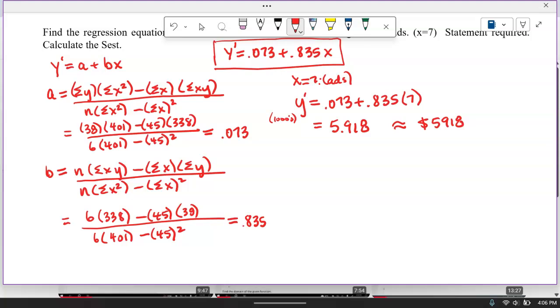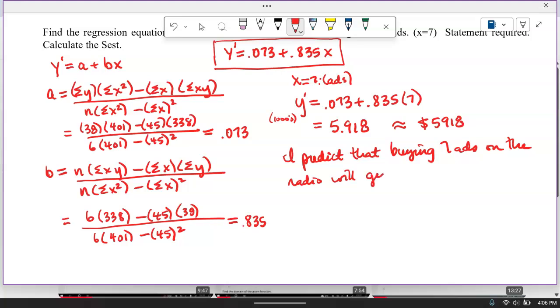So when I make my statement, I predict that buying 7 ads on the radio will generate $5,918 in sales. That's the statement that's required.